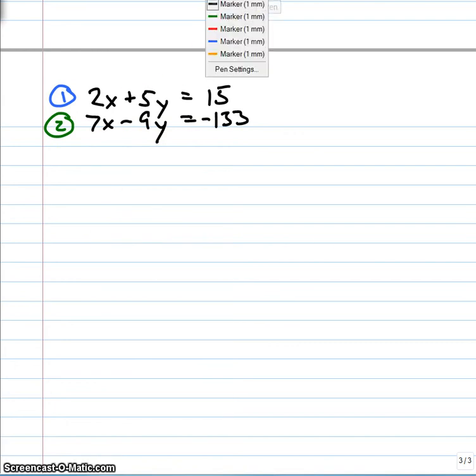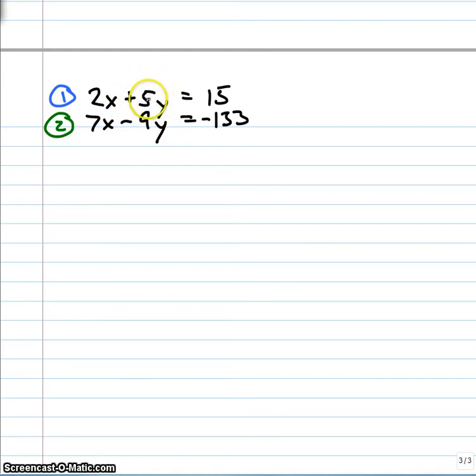What I'm going to do this time is make these y terms drop out. The least common multiple between 5 and 9 is 45, and this one is already negative. I'm just going to keep this y term negative, and then I'm going to make this y term positive. So I'm not changing the signs here.